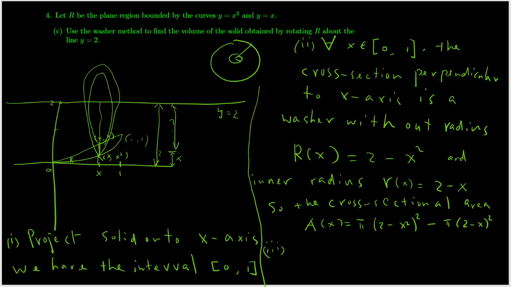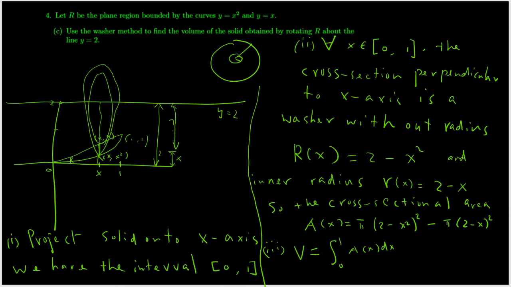After getting this, you just integrate the cross-sectional area from 0 to 1, and then you have the answer. So the volume of the weird solid is obtained by integrating A of x from 0 to 1.